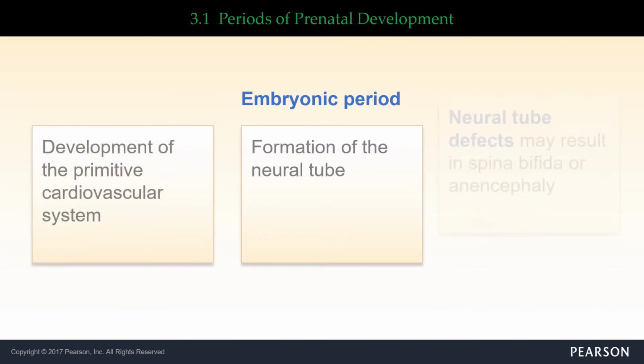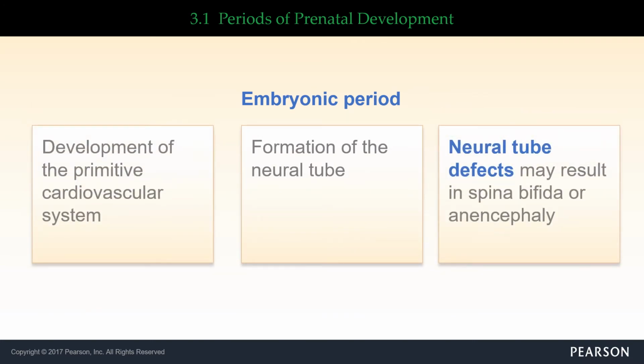During the embryonic period, there's development of the primitive cardiovascular system, the formation of the neural tube, and if there are issues, there could develop neural tube defects that may result in spina bifida or anencephaly.